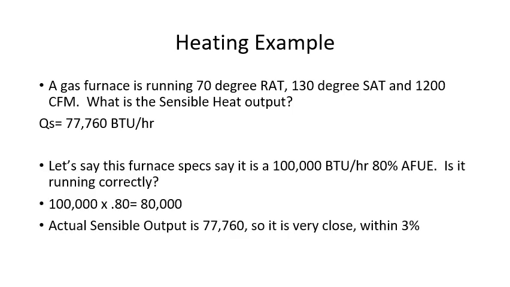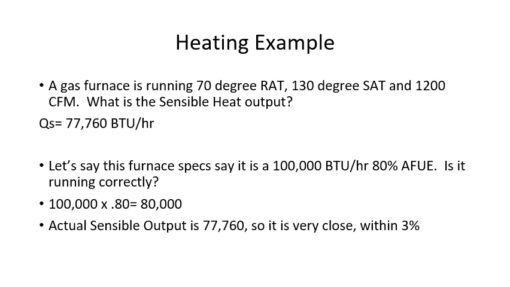So when we take this sensible heat formula and compare it against the manufacturer's specifications of that furnace, is that furnace operating correctly? Well, let's say that the manufacturer's specs say that it is a 100,000 BTU input furnace and that it is an 80% efficient furnace. Is it running correctly?